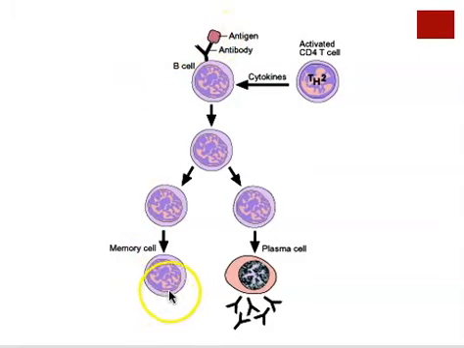So the next time that antigen gets into the body, the memory cell will very quickly become activated, and it will allow for a faster, specific antibody-based response to that antigen.